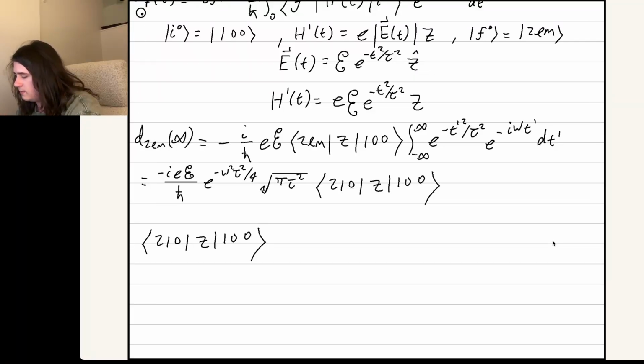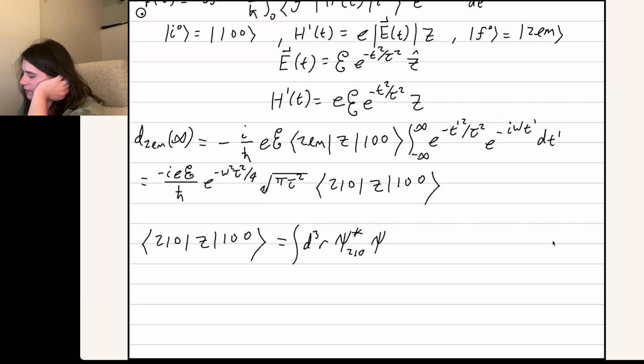By definition, this is the integral over all space, d3r in 3 dimensions, of the wave function conjugate of 2, 1, 0, multiplied by psi 1, 0, 0.